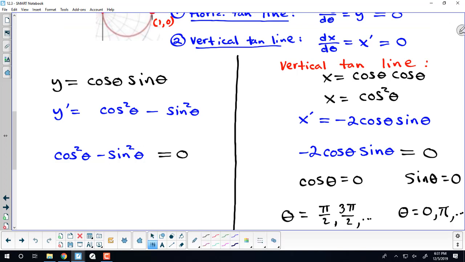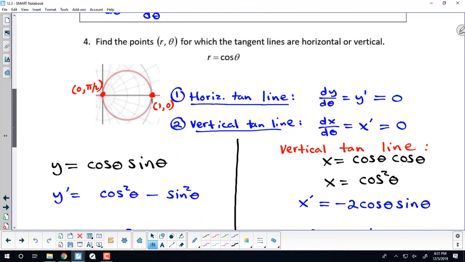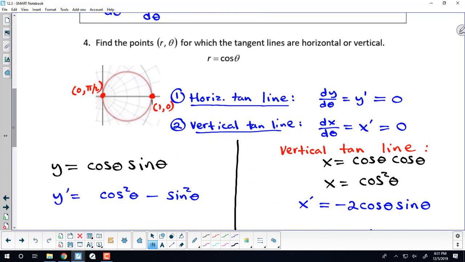So in 12.3 we were looking at r equals cosine theta, determining where the tangent lines are horizontal and vertical.